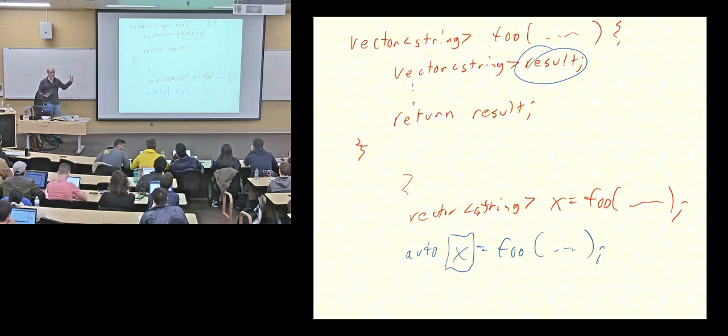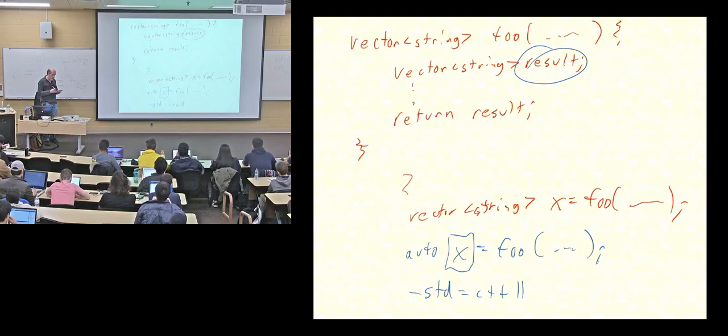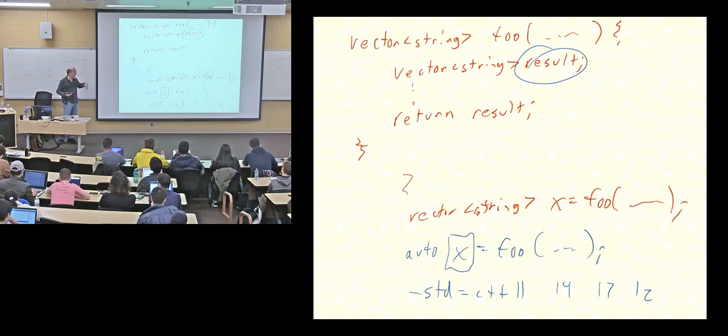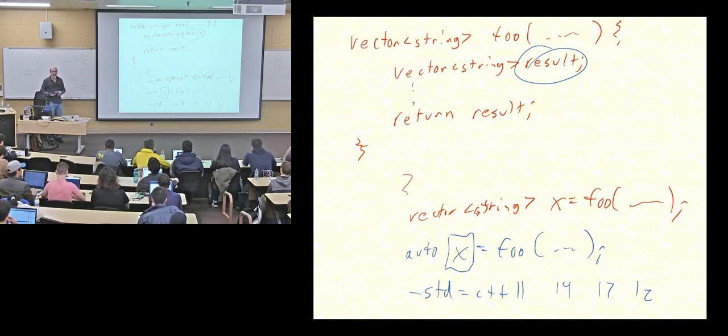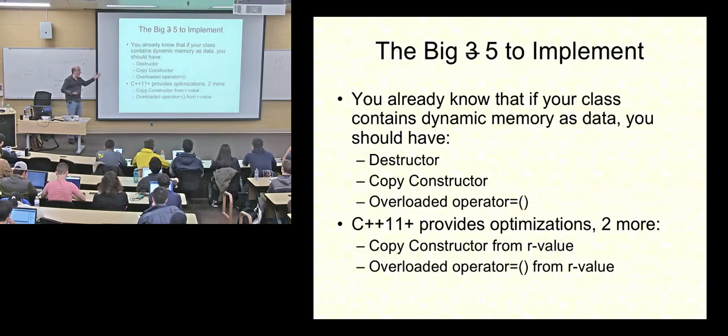So instead of copying things, when something is about to be destroyed and you're about to make a copy of it, basically it steals the data instead of copying it. So this is nice. As long as you use -std=c++11 or 14 or 17 or 1Z, as long as you use standard C++11 or beyond on the compiler command line, you will get this behavior that objects being destroyed don't get copied, their data gets stolen, and that's all because of these R values.